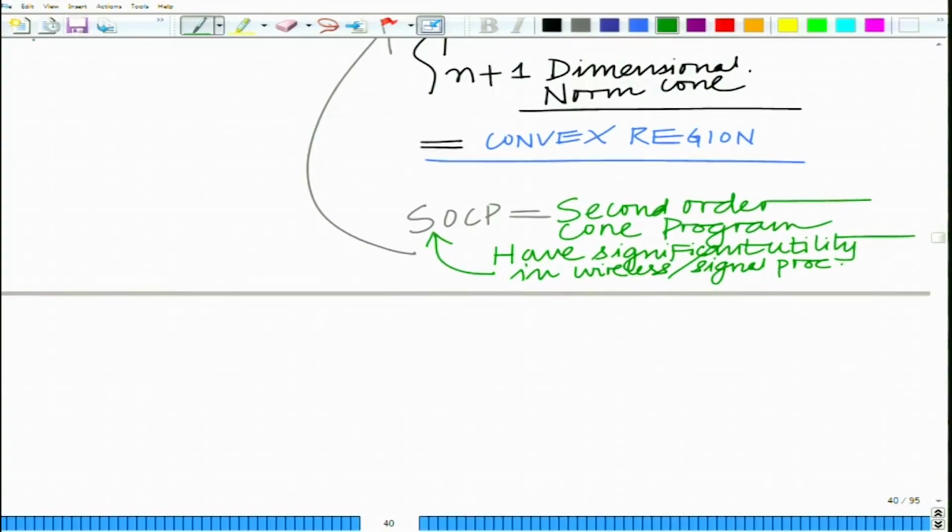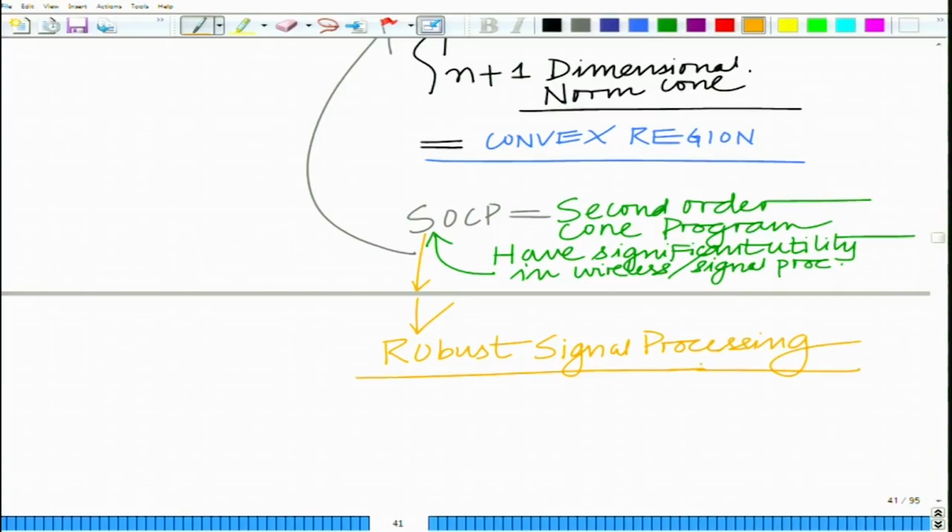These are second order cone programs, especially in the context of robust signal processing, similar to what we have seen previously in robust estimation.